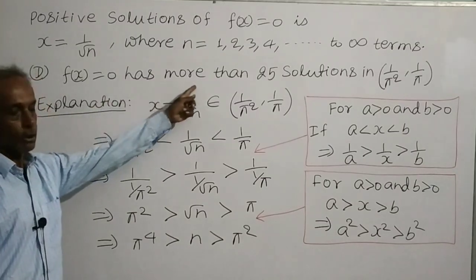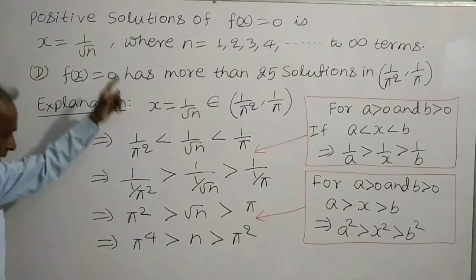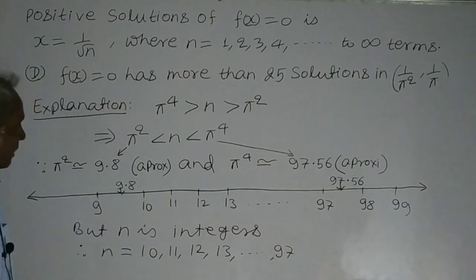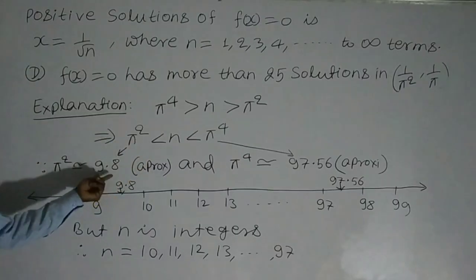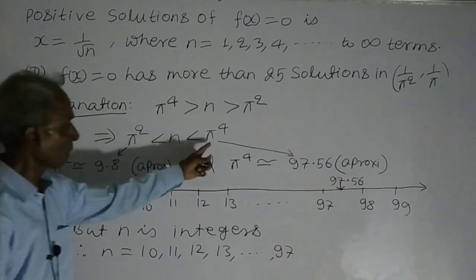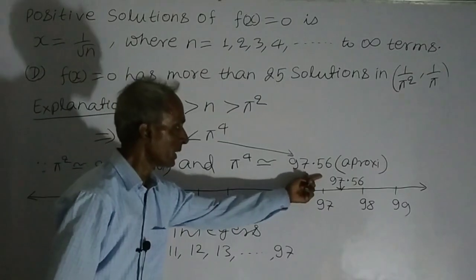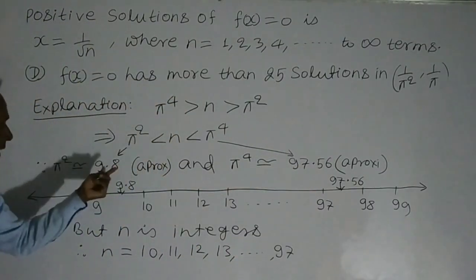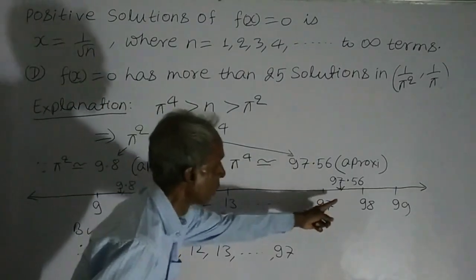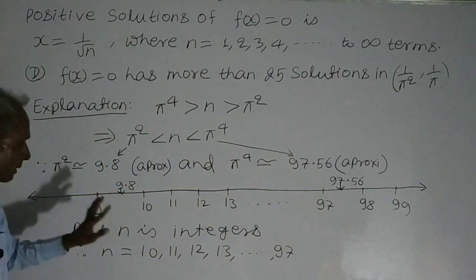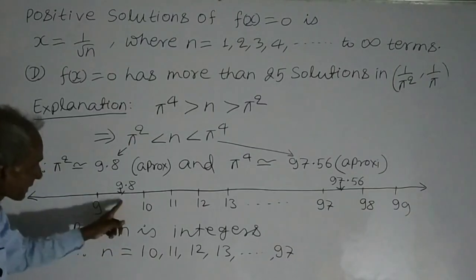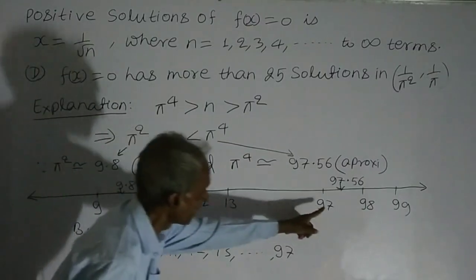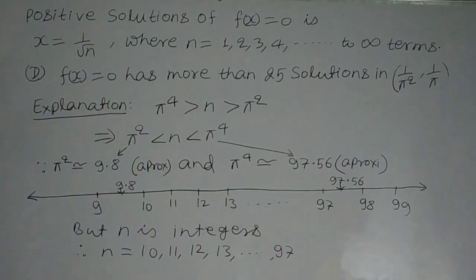Now we consider our option D here. The approximate value of pi square is 9.8. The approximate value of pi 4 is 97.56. Since n is an integer and lies between these two numbers, the integers lying between these two numbers are 10, 11, 12, 13 up to 97.